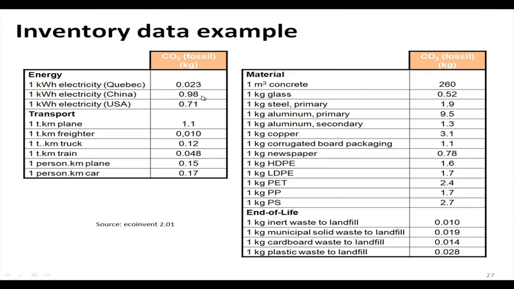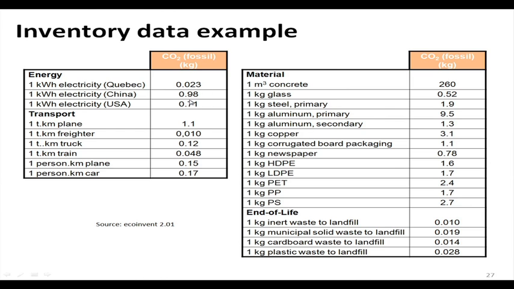That's nearly 50 times, something around that, nearly less than 50 times, that much higher impact. In the US, it is slightly less than China, but much higher than Quebec. Now, if we had numbers for India, they would be very similar to what we have for China.